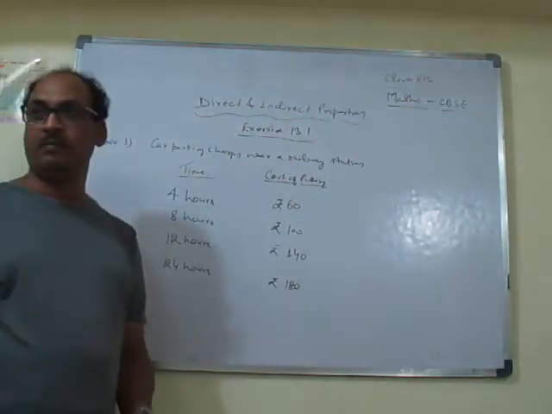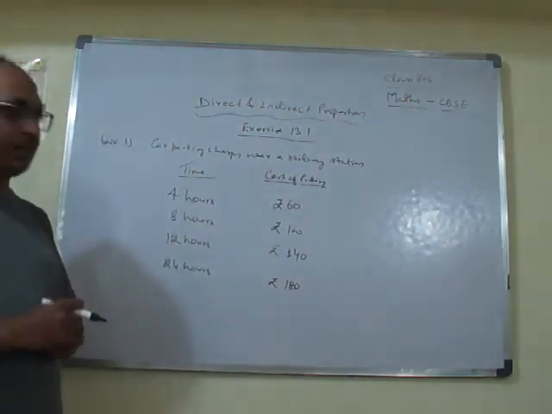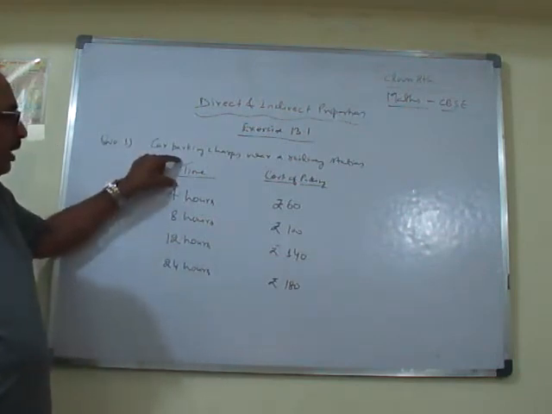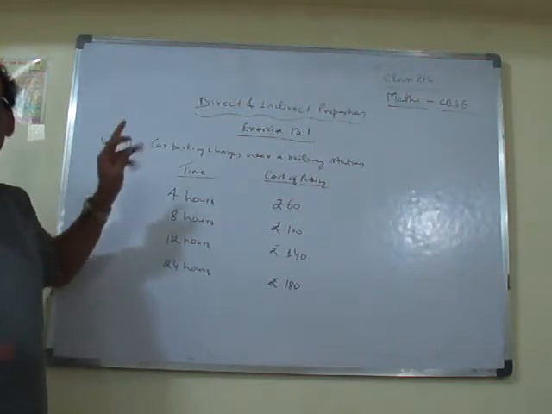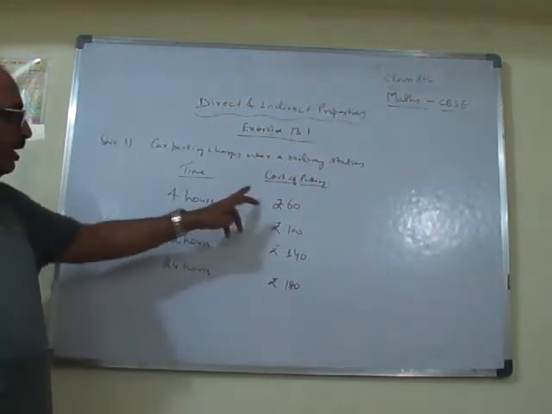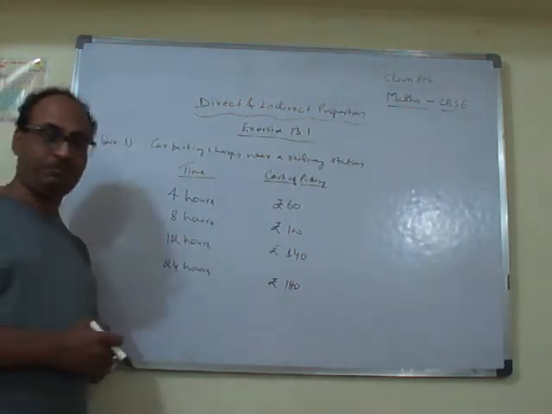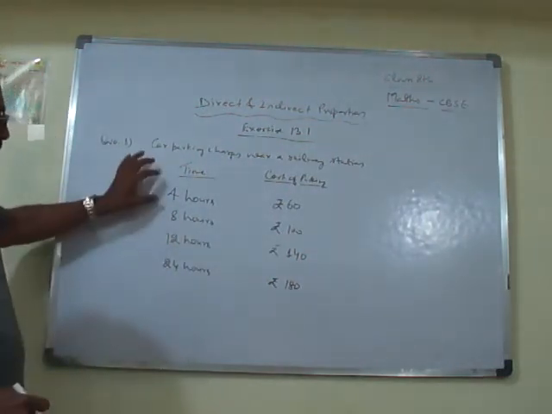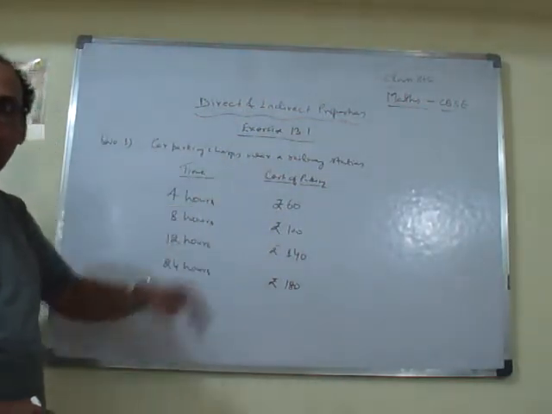Now you see that 2 quantities are given to us. One is the time the car is parked in that parking lot near the railway station, and the other is the amount being charged from that car owner. If the car is parked up to 4 hours, 60 rupees will be taken.